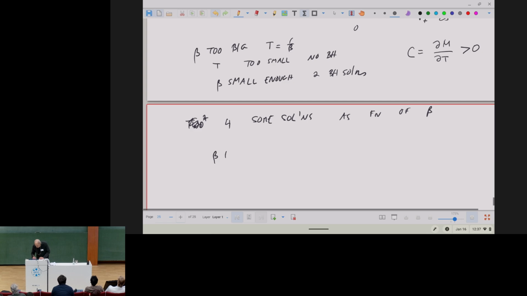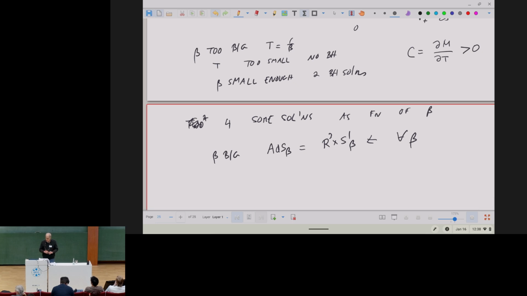If beta is big, we have what we might call AdS beta, which, remember, is topologically R3 times S1 beta. Remember, we have the solution that exists for all beta. So there's the solution with no black hole that exists for all beta. And if beta is big, that's the only solution we have, so we expect it dominates the path integral.